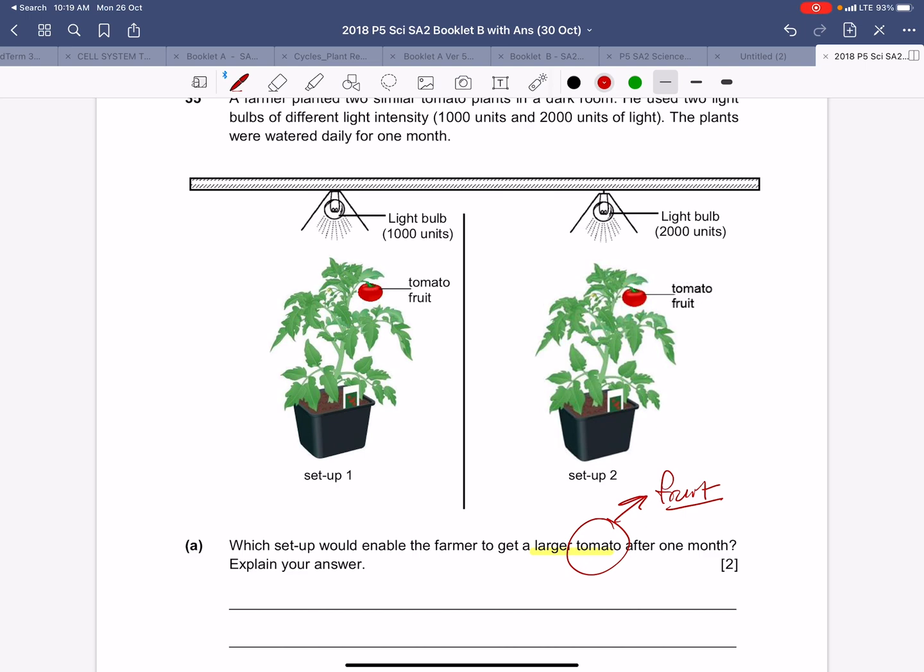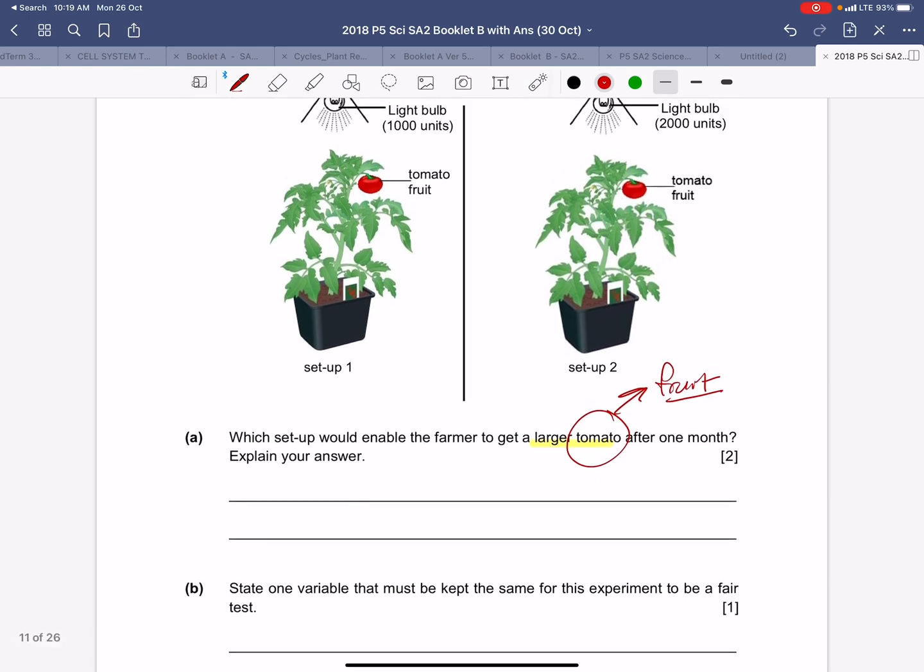You need to explain somewhere in your answer that because of the higher light intensity, your plant can produce more glucose, and the excess glucose would then be converted to starch and stored in your fruit. That is something you need to know. Sometimes they may not be stored as starch, they can be just stored as sugar. But the whole idea here is to understand that there's excess.